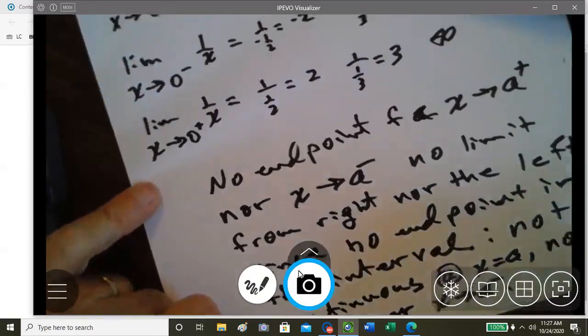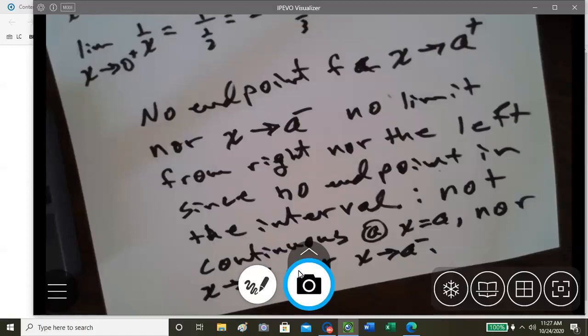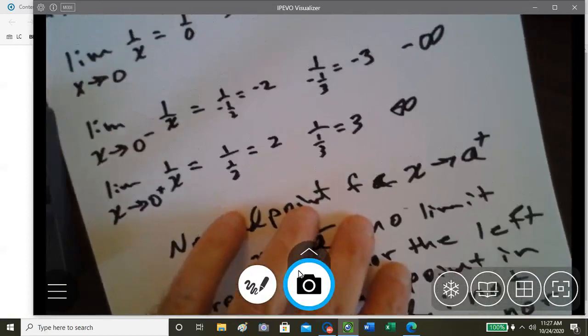So it is not continuous at a, not continuous from the right nor the left, so it is not continuous for any scenario.